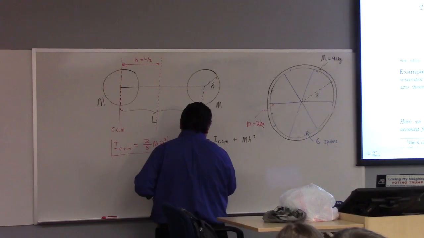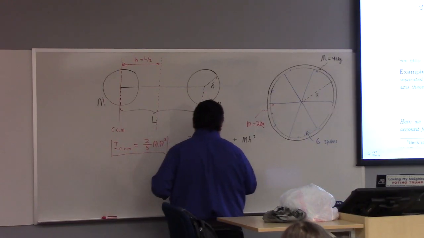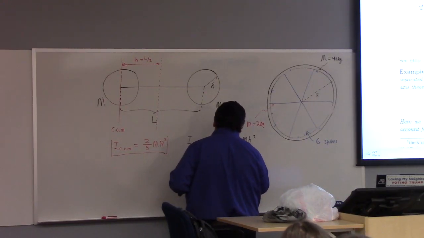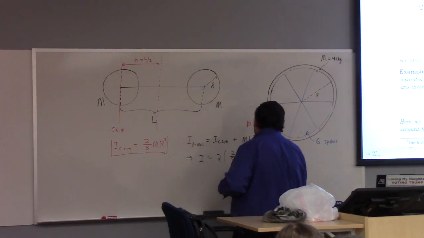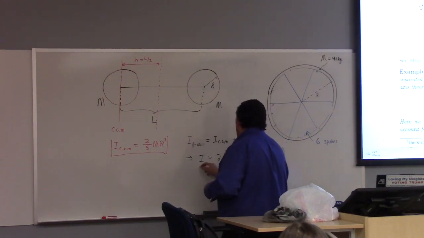So the moment of inertia we want here is twice 2/5 mr squared plus m times L over 2 quantity squared.